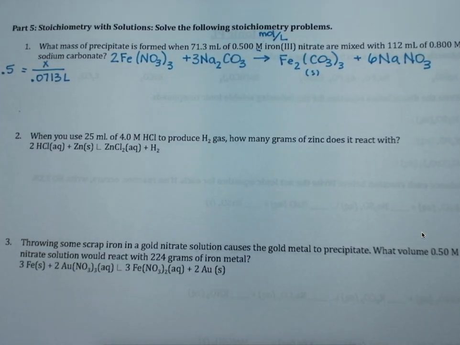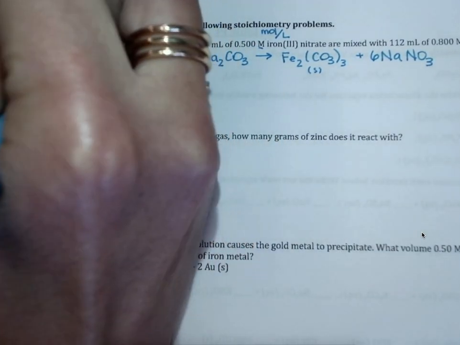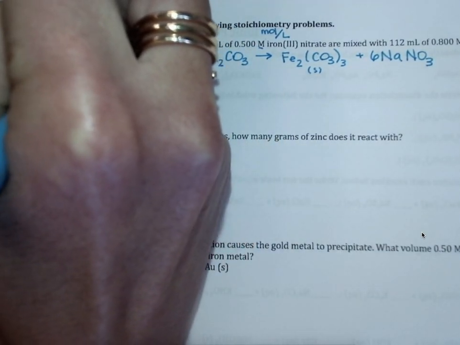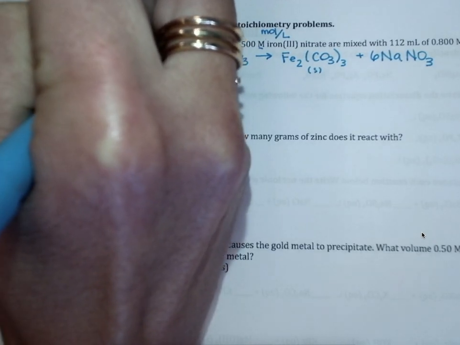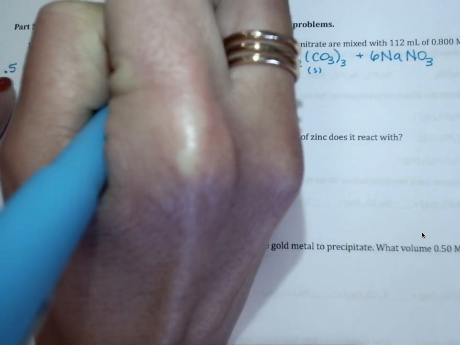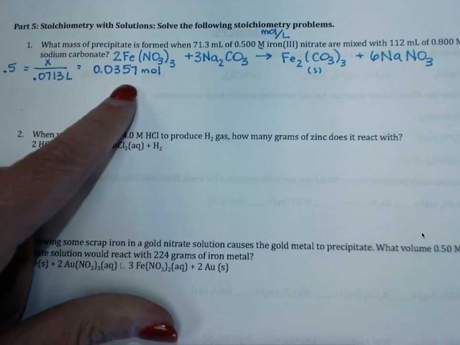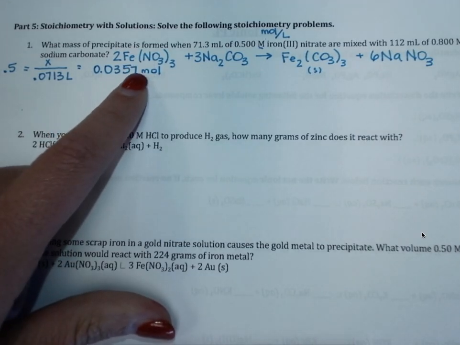So all I have to do is multiply my volume by my molarity to get my moles. And so here, X is going to equal 0.0357 moles. That's of the iron 3 nitrate solution, okay? So I wrote that underneath that one so that we would remember where that goes, right?